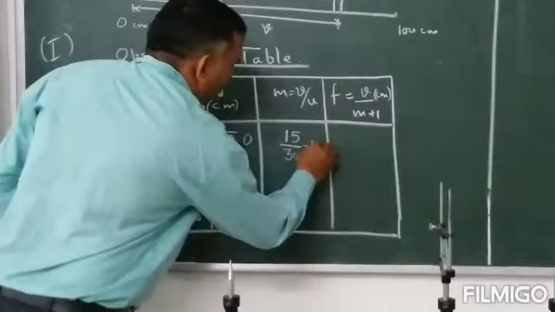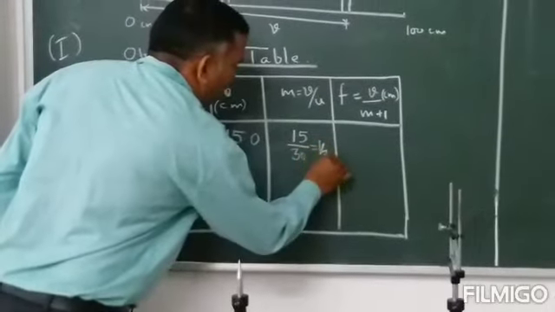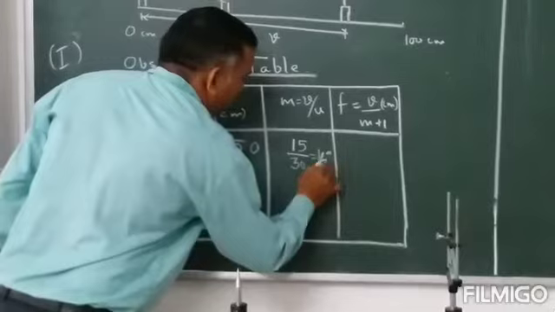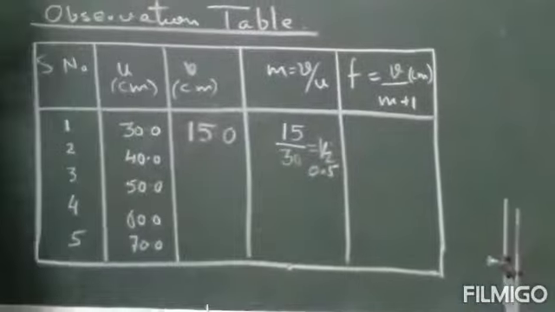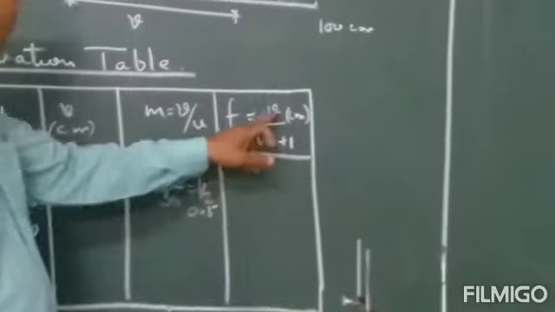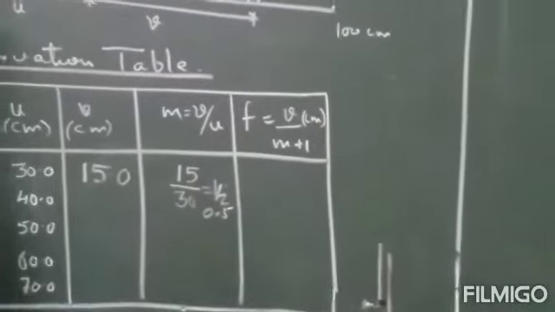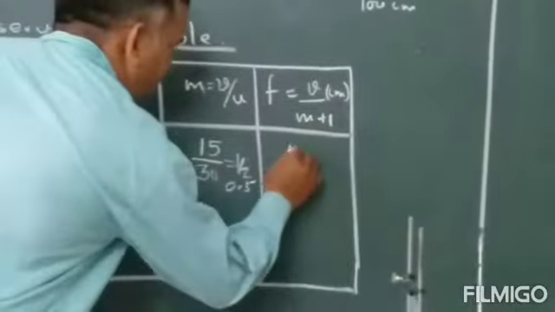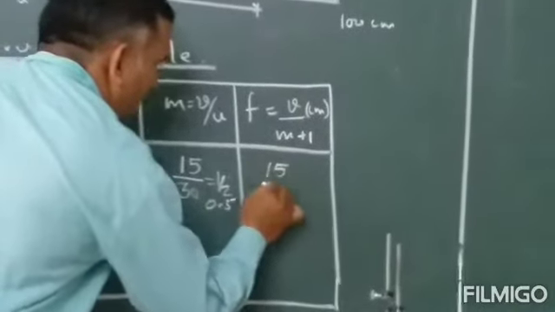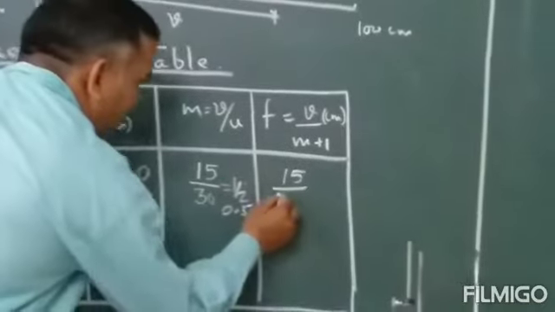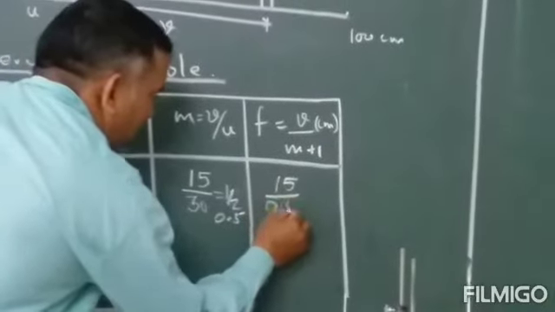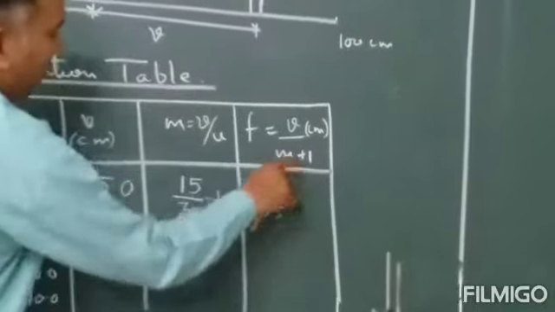V is equal to 15, and the value of M is coming 0.5, plus 1. It means 15 upon 1.5 is equal to 10. So F is equal to 10.0 centimeter.